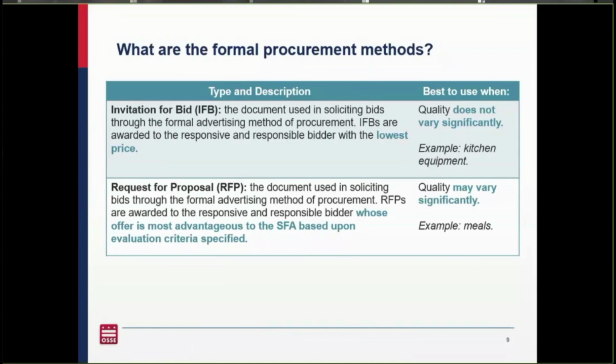So there are two types of formal procurement methods. You can do an invitation for bid or you can do a request for proposal. An invitation for bid, or an IFB, is really focusing on the lowest price. So you're looking more at price, and you're not addressing quality so much.